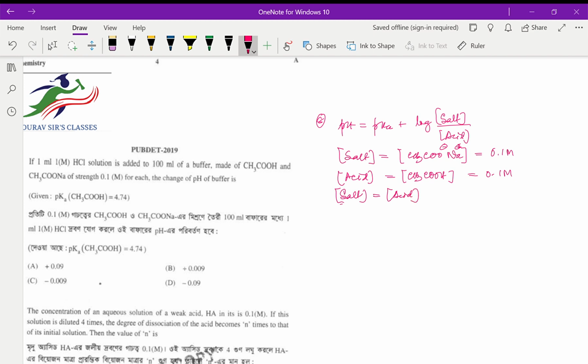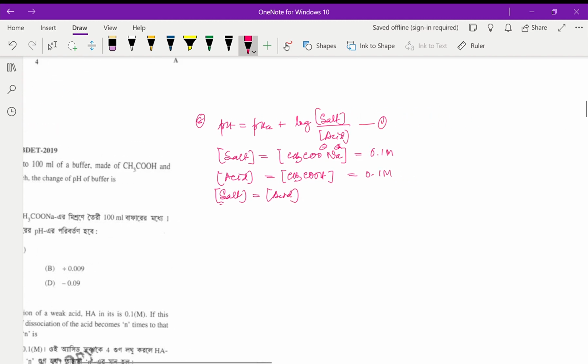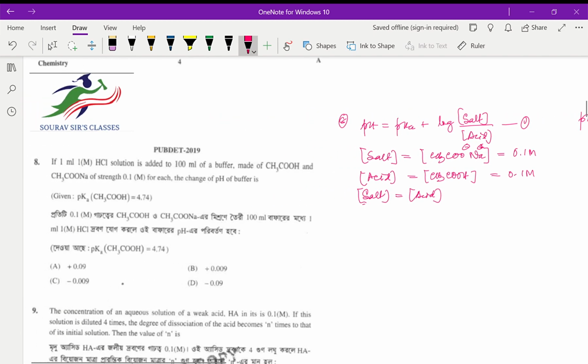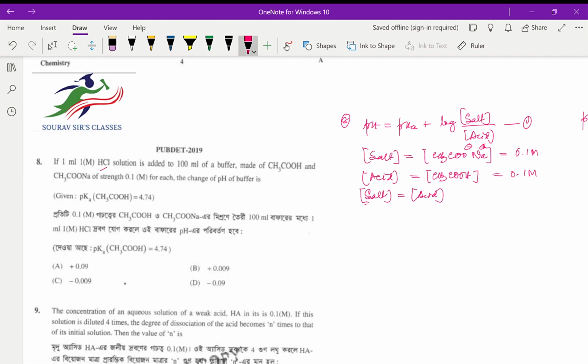Then what happens to equation 1? We can simply say that pH should be equal to pKa, and that is going to be 4.74. That is going to be the case initially, before adding this HCl. Now, if you add 1 ml of HCl, what happens?